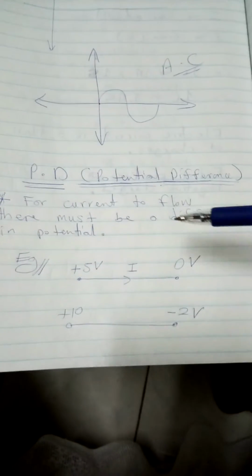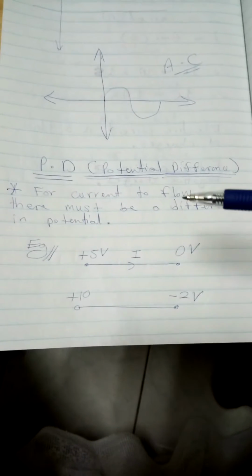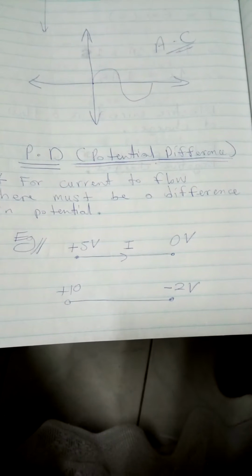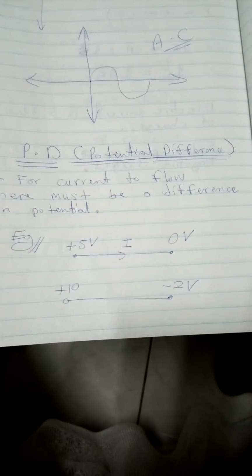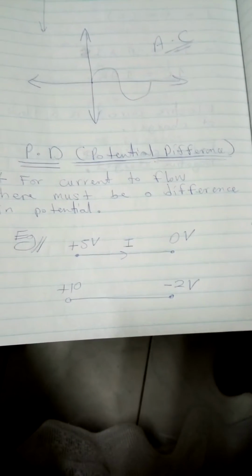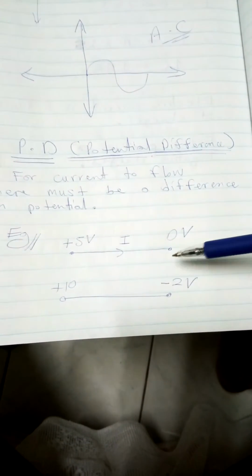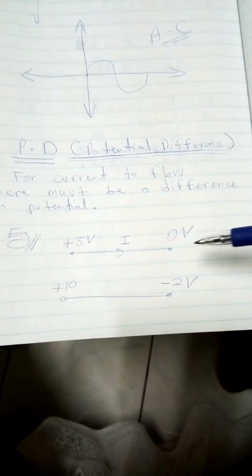Now we come to the concept of potential difference. In physics and in electricity, in order for current to flow, there must be a potential difference. In order for current to move from one place to the next in a circuit, there must be a difference in potential. If there is no difference in potential, current will never flow. That is one general rule of thumb.